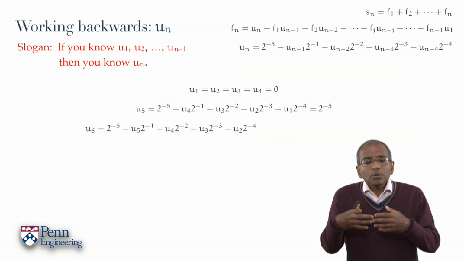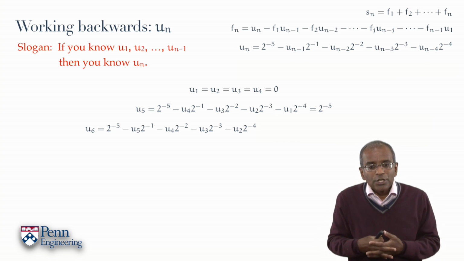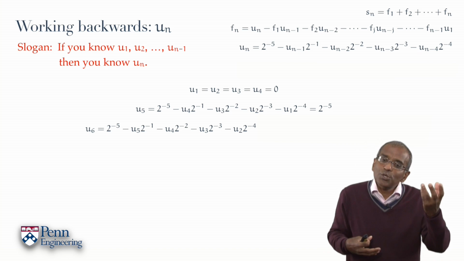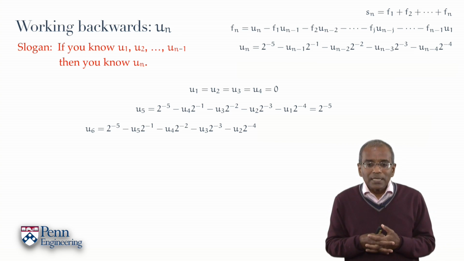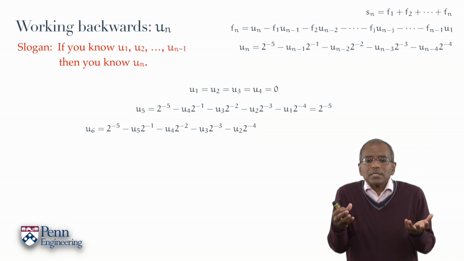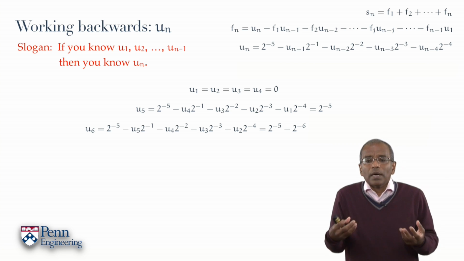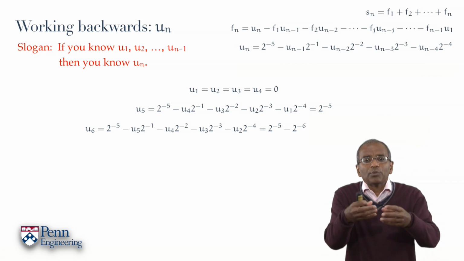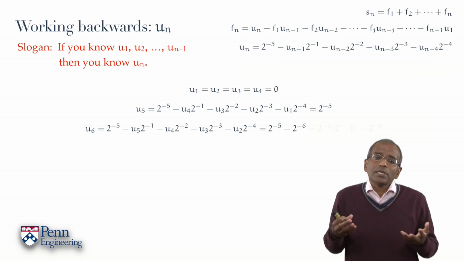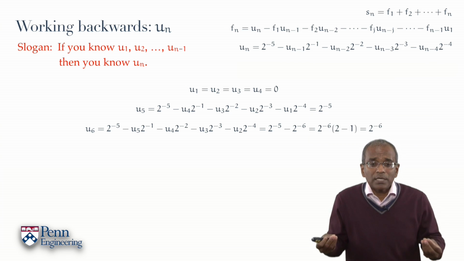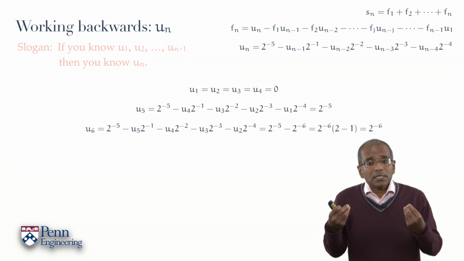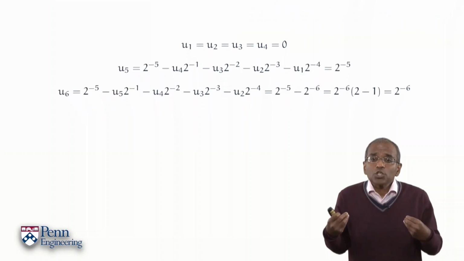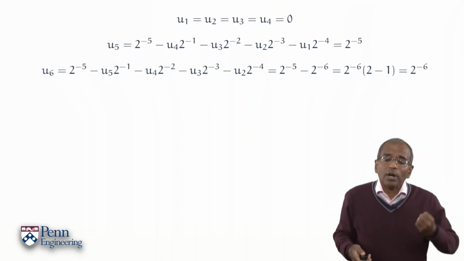Well, but u2 through u4 are 0, they vanish. u5 we've just discovered is 2 to the power minus 5, in consonance with an immediate and direct analysis, and therefore u6 is 2 to the power minus 5, from which you take away 2 to the power minus 6, and an elementary reassembly and factorization shows us that this is exactly 2 to the power minus 6. There's only about a 1 in 64 chance that you get a success run occurring on the 6th trial.